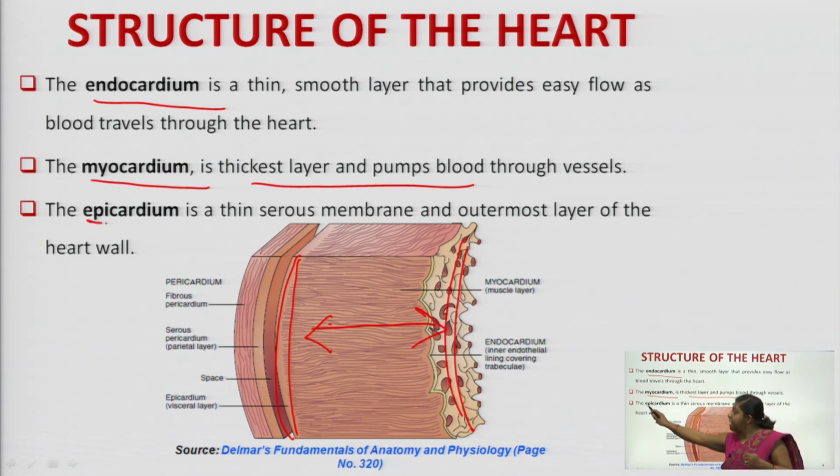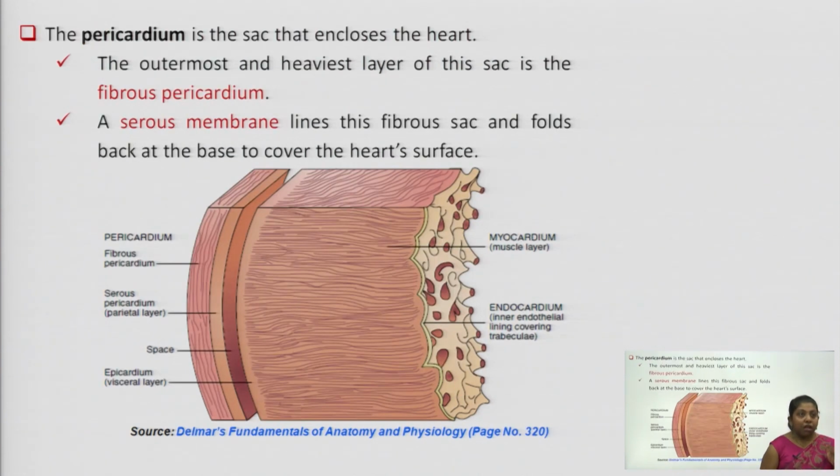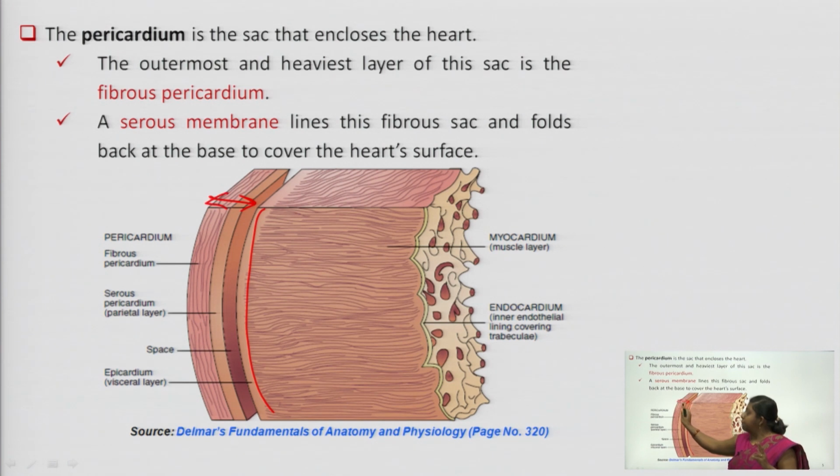So what is this epicardium? Epicardium is a thin serous membrane and it is the outermost layer of your heart wall. Fine. Now, after your epicardium, we have a thin layer of pericardium, that is a double layer of pericardium. So here this double layer is made up of fibrous as well as serous membrane.